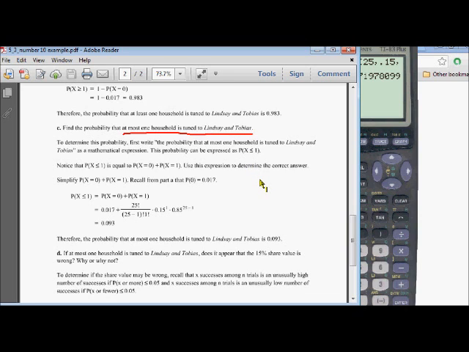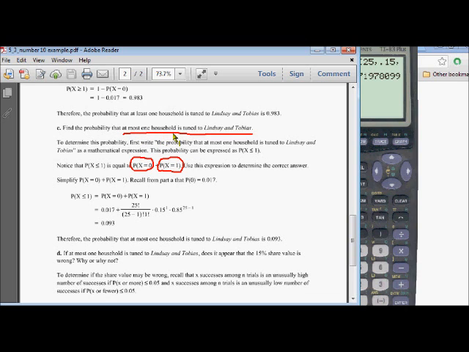So what does at most mean? Well, at most means that, well, maybe no one is tuned in. Well, maybe one person is tuned in. Is two people tuned in? No, can't have that, because all you're allowed is at most one household.